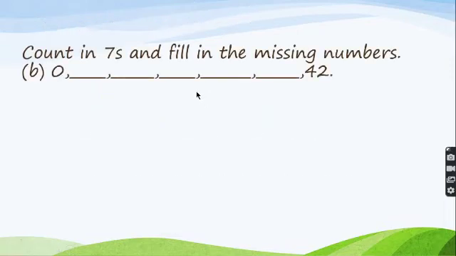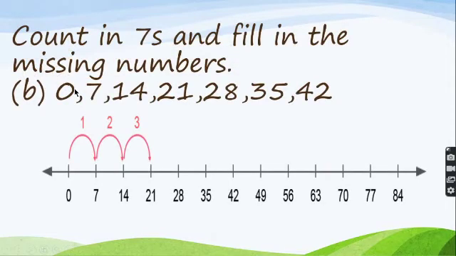Now look at the next example. Count in sevens and fill in the missing numbers, and here you can see you will start from 0. So how can we fill these missing numbers? Yes, again we will use the number line. Look at the number line here.